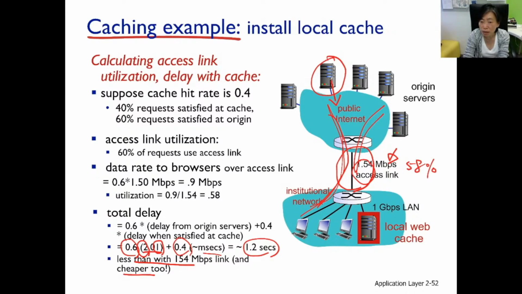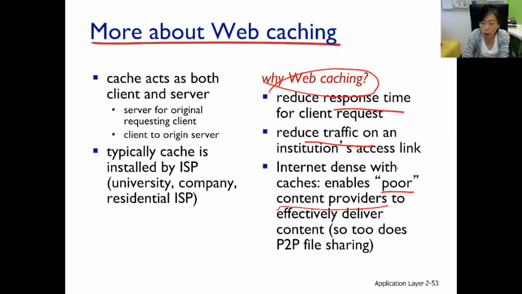Then reducing the amount of traffic going this way also saves poor content providers some resources, some money. And so web caching also helps poor content providers to deliver content, right? This could be a good thing because most NGOs might also have information to disseminate, but they couldn't provide good uplink bandwidth.